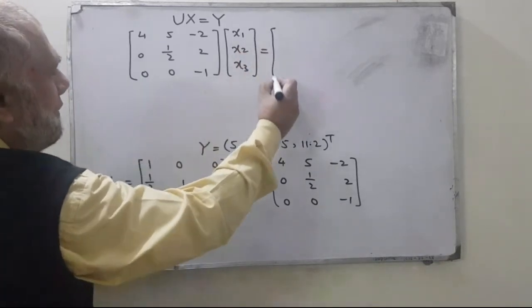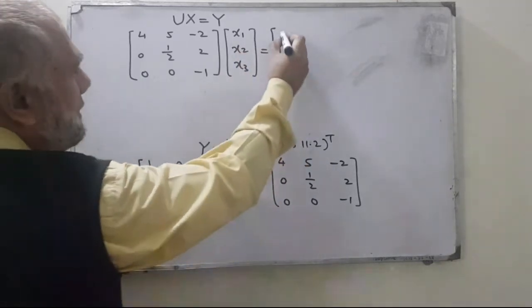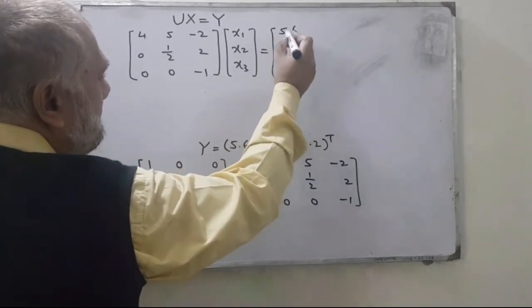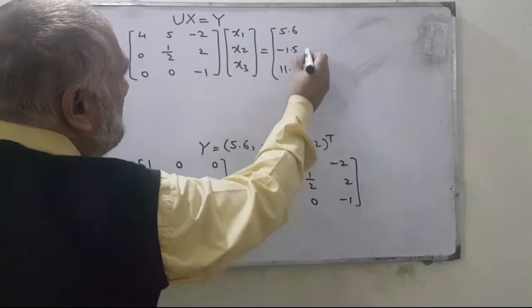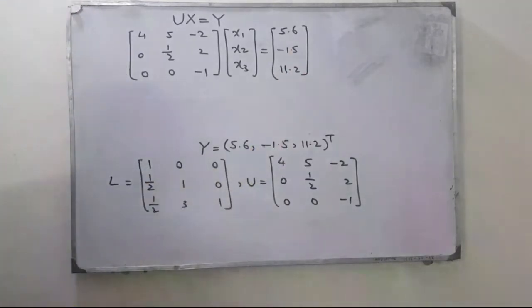On the right side we have y, which we have just calculated: 5.6, 1.5, and 11.2. Okay. Now transform them into the equations form.